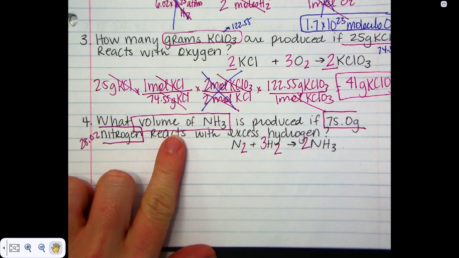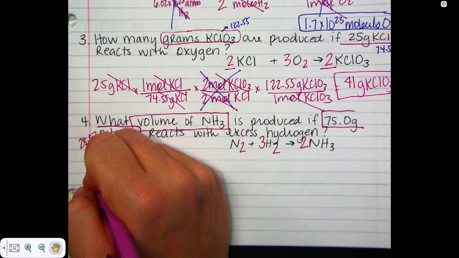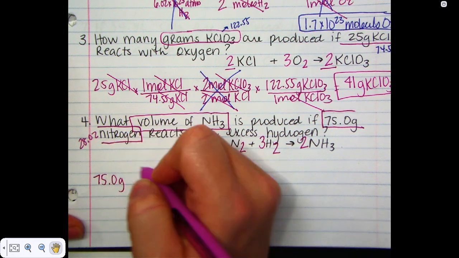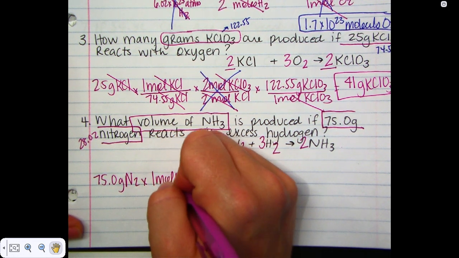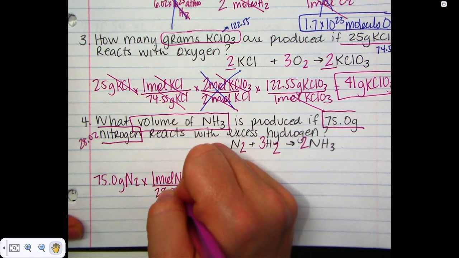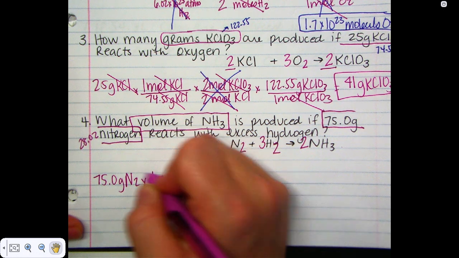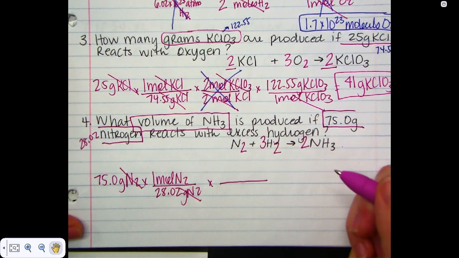And then I'm going to do volume, which I know is a constant. So 75.0 grams N2 times 1 mole N2 over 28.02 grams N2 gets me out of grams into moles. Now I need to go through my mole bridge.